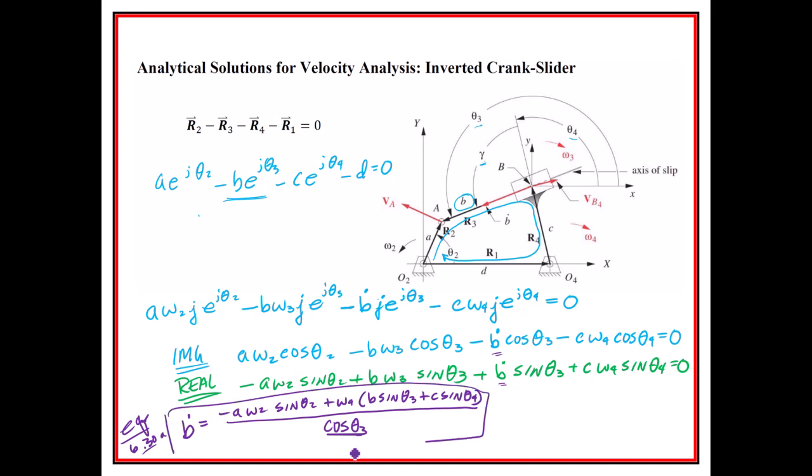This is one we would use, but we need to know ω4. Most of the time it would be ω2 as the input in this type of configuration, but we still need ω4 to solve this.